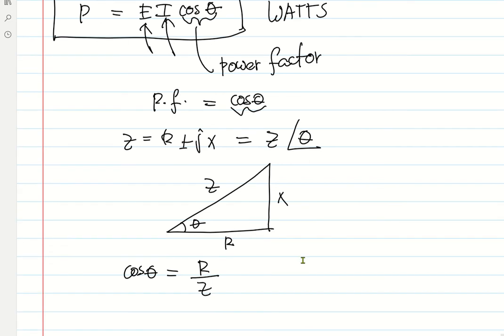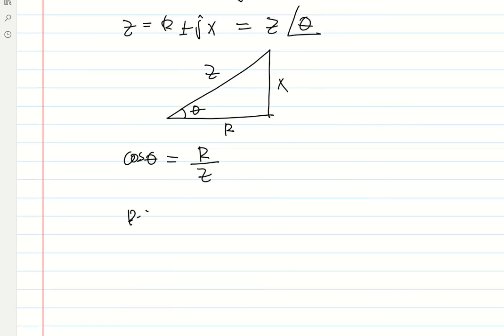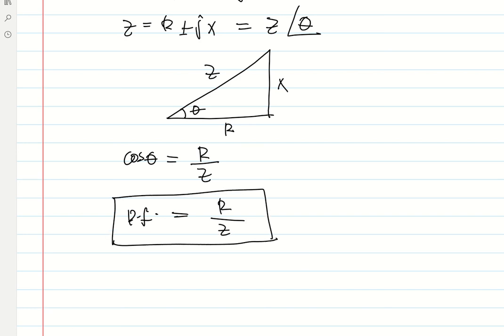So another formula for the power factor, PF, is just equal to the ratio between the resistance and the impedance. And Z here is just equal to the square root of R squared plus X squared.